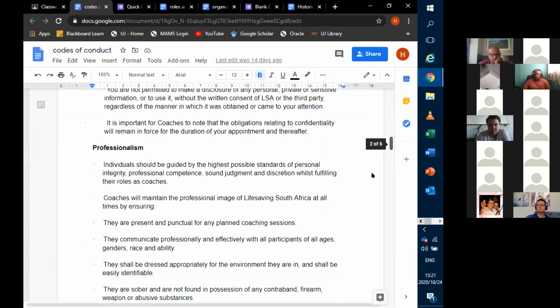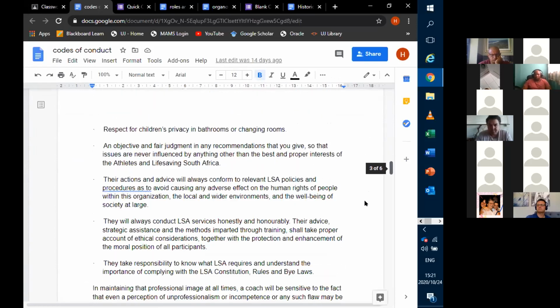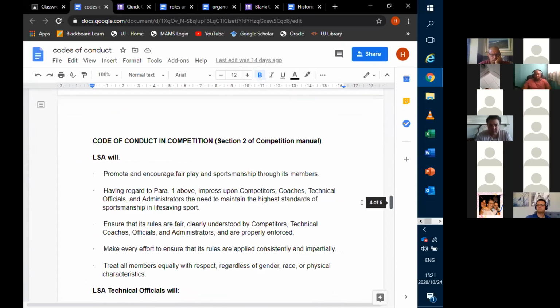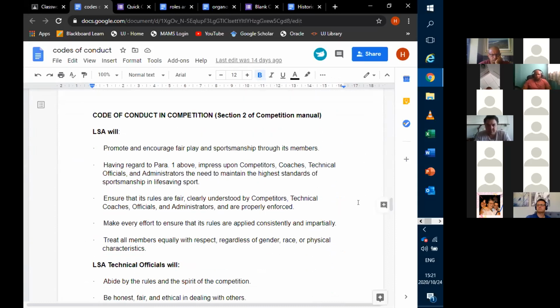We went through all the coach code of conduct, and now we come to section 2. I quickly go through, but I will stop. The important part is where the parents are, but we quickly go through. You got first your code of conduct in the competition with LSA, promote and encourage fair play.